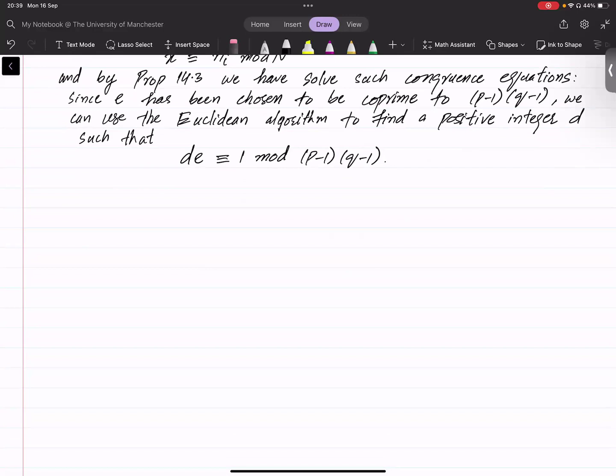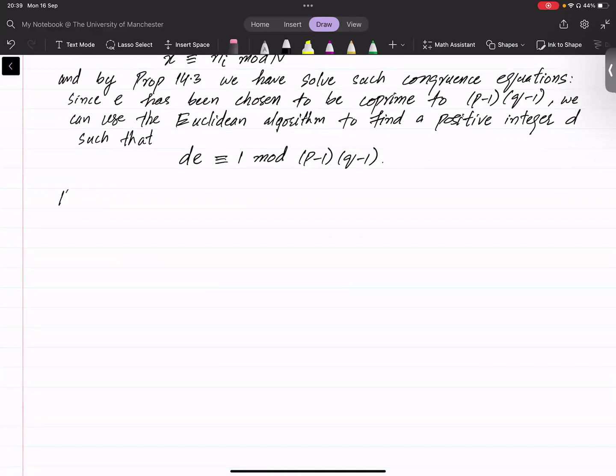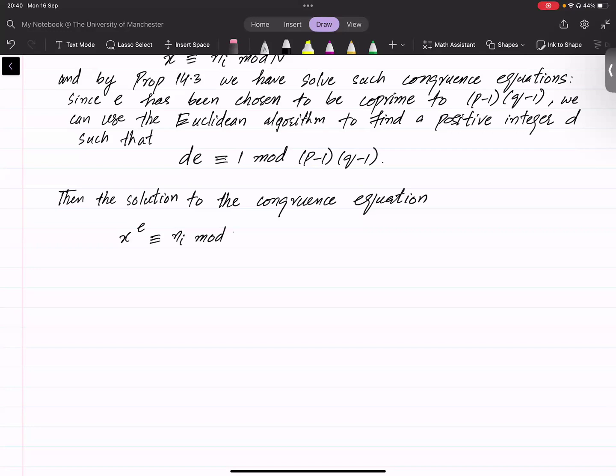Then the solution to the congruence equation x to the power e is congruent to Ni mod n is nothing but x is congruent to Ni to the power d mod n.